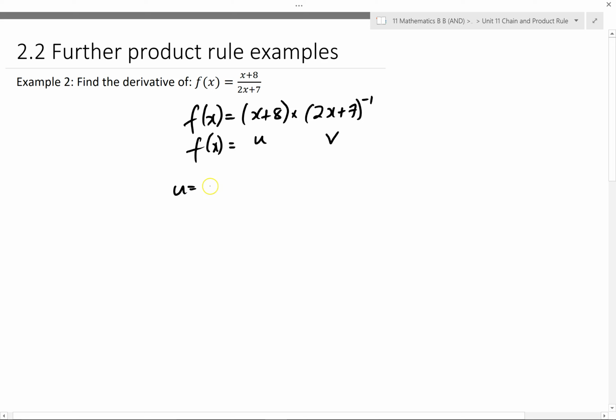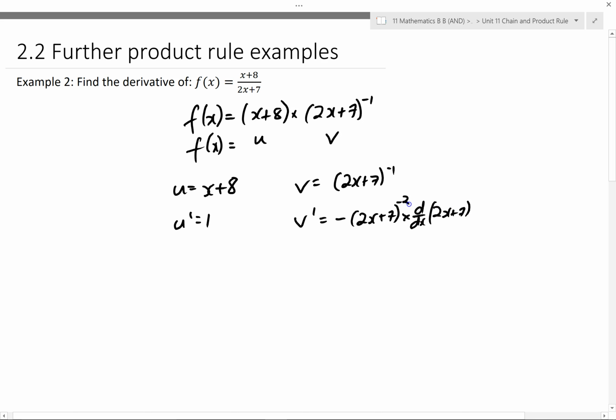So u is x plus 8, v is (2x plus 7) to the power minus 1. So u dash is 1, and v dash is minus 1 times (2x plus 7) to the power minus 2 times the derivative of 2x plus 7, which is 2.